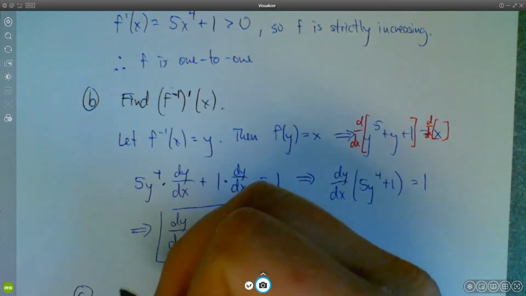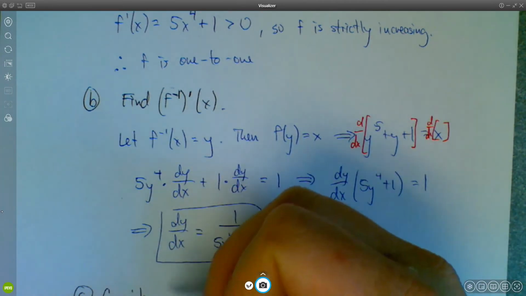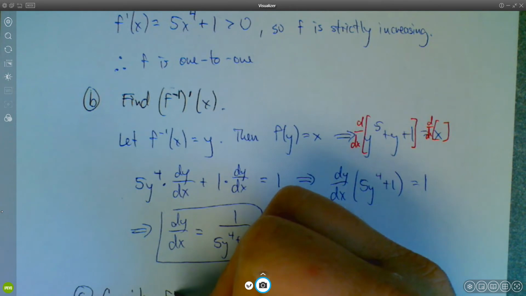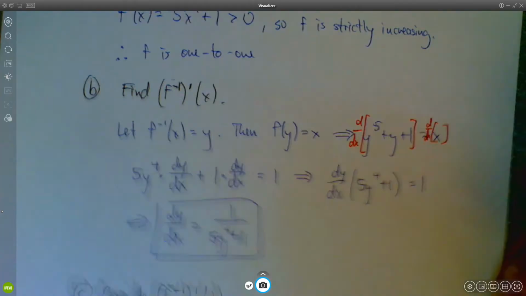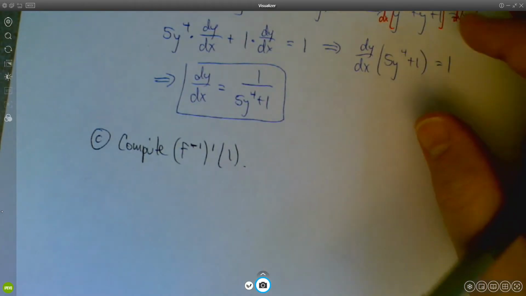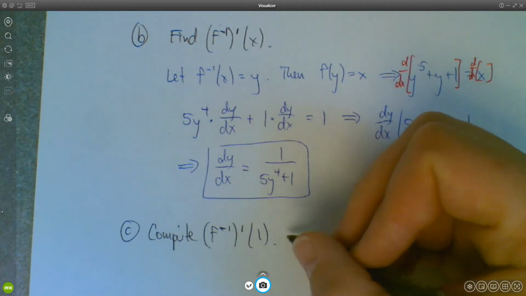So now part C, let's compute f inverse prime of 1. This is trickier than you might think, because the implication here is that x equals 1, right?